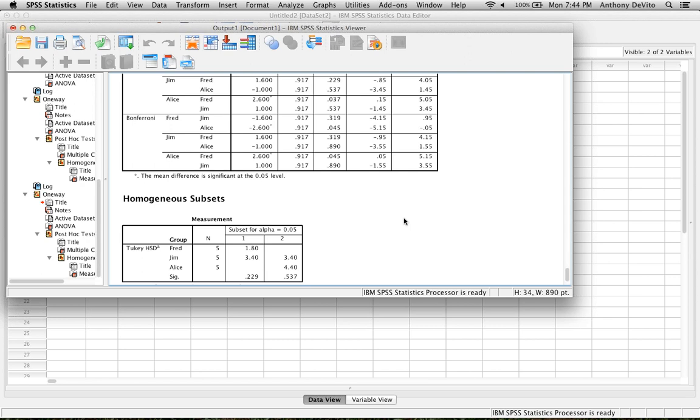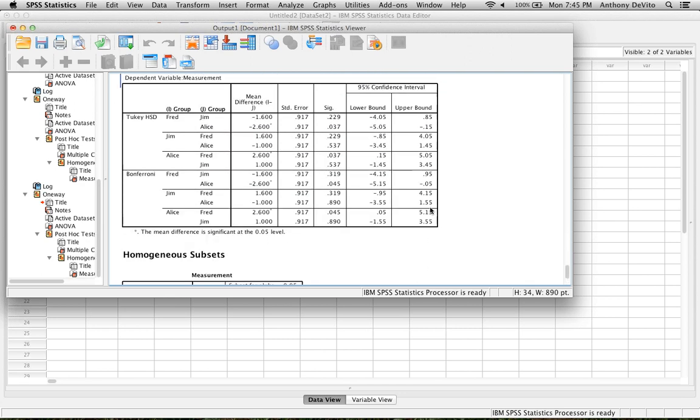Maybe the means are far apart, but there's so much variability we can't tell for sure because the numbers within them are so scattered, right? That's the whole point of this analysis of variance. We want the means to be far apart, and we want the variability within each of the groups to be small so that we can see easily, just like with those trees, that they're different trees and not just one big tree.